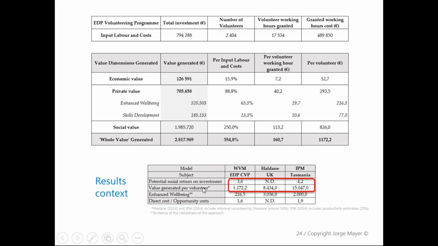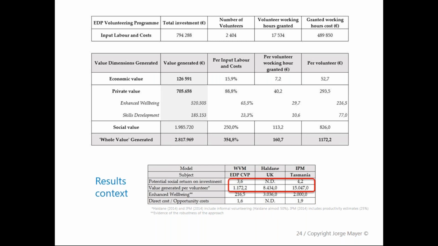I mean, even if you look at the enhanced well-being, it's still an order of magnitude below what Haldane and the IPM found. So in terms of direct costs and opportunity costs, it's a little bit in line with what IPM found. IPM and Haldane have a little bit more value per volunteer because they consider the value of informal volunteering.